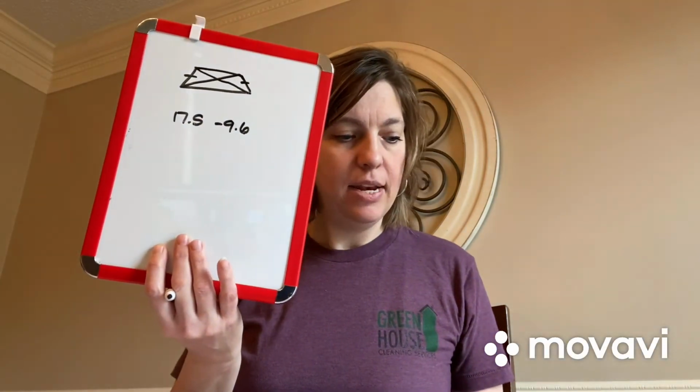So if I know that, find the length of MQ if NP is 17.5 and then PQ is 9.6. So it's asking what MQ is. Well, I know that the total would be 17.5. So all I need to do is say 17.5 minus 9.6.